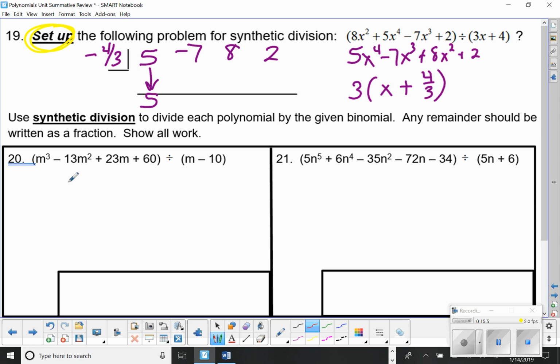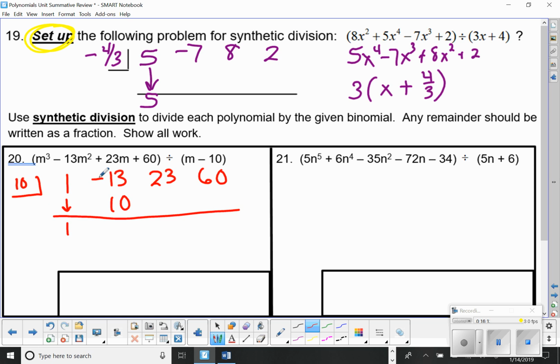So we can have 1, negative 13, 23, and then 60. And in our seat, we will put the number 10. We'll bring the 1 down. 10 times 1 is 10.